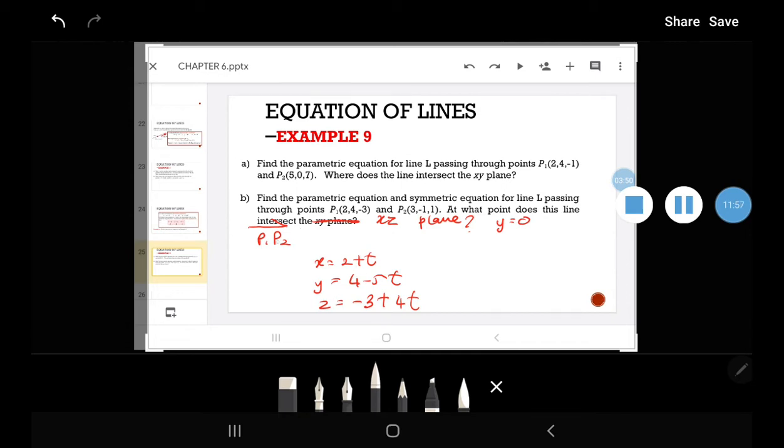First you must find the vector for P1, P2 and from there you will get the value of x. Okay, and the point of intersection when you let y equal 0 is 14 over 5, 0 and 1 over 5. Okay, please try this at home and see whether you can get this answer or not.